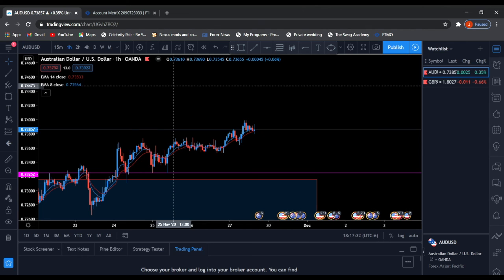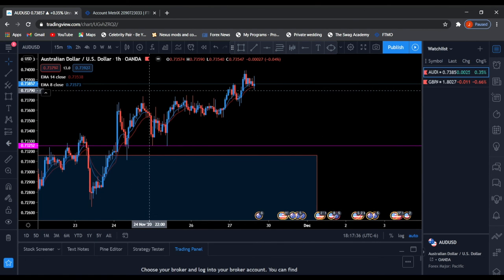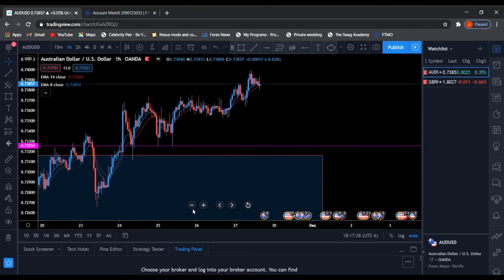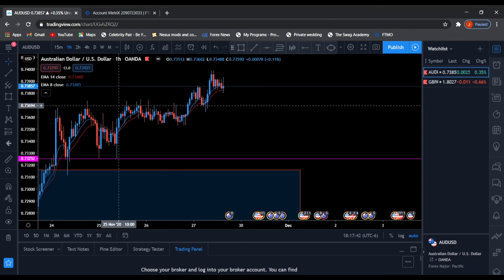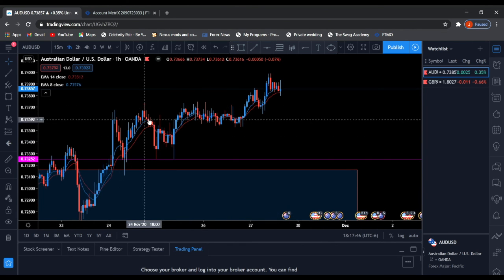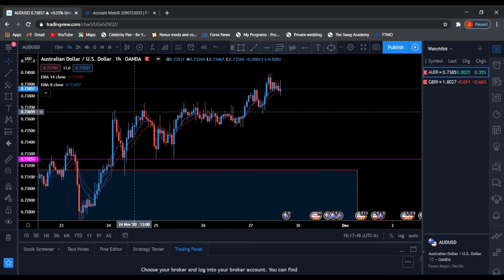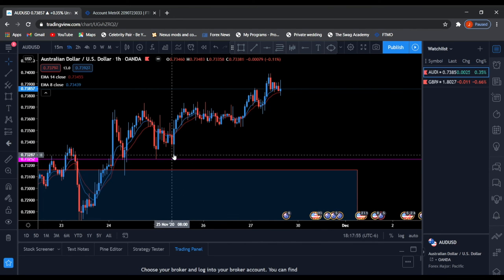So you can use the blue EMA by itself, or you can use the blue and red and just wait for the blue to cross over the red or the red to cross over the blue. So when the blue crosses over the red, that means buy, or that's a confluence to buy. And when the red crosses over the blue, that's a confluence to sell.